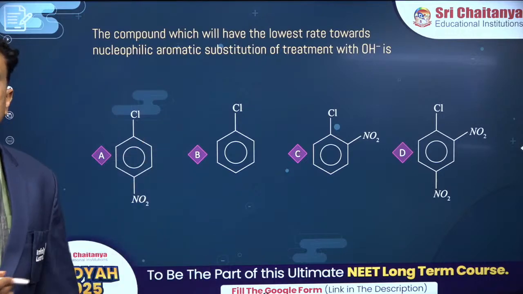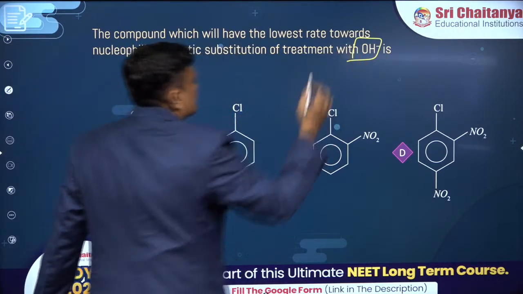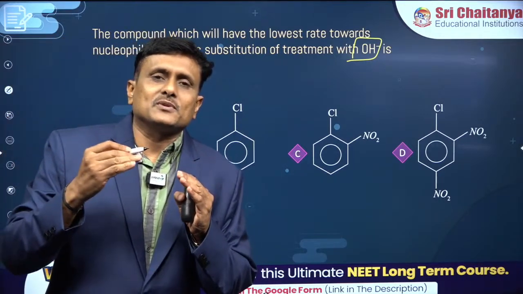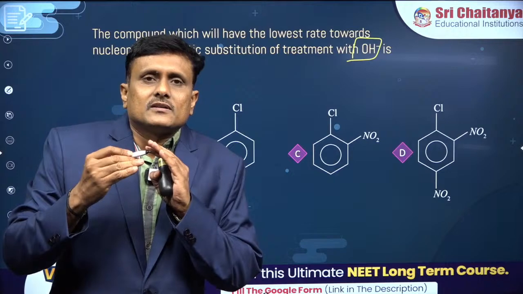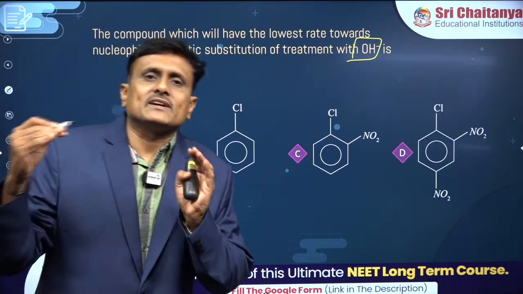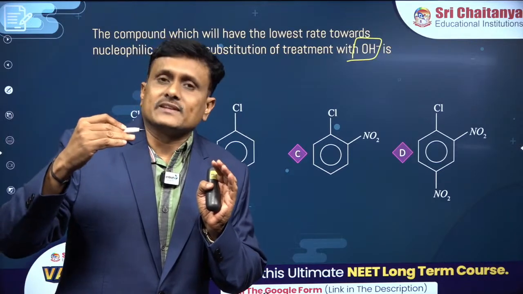Nucleophilic substitution, right? So the nucleophile already carries the negative charge or lone pair of electrons. So when the nucleophile is approaching the compound, if the compound has electron deficiency, then only it will invite it, isn't it? Nucleophile is coming with the negative charge.